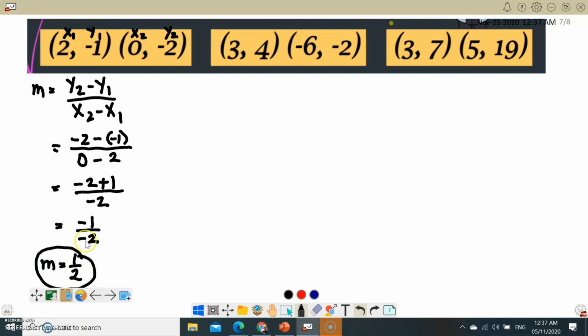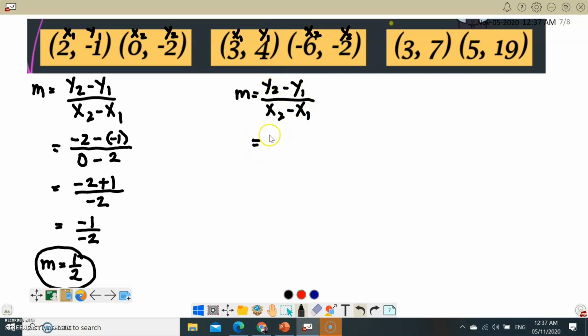Okay, can you follow? Let's have the second example. So let's denote this one as x sub 1, y sub 1, x sub 2, y sub 2. So using the formula, slope is equal to y sub 2 minus y sub 1 over x sub 2 minus x sub 1. So let us substitute the values.